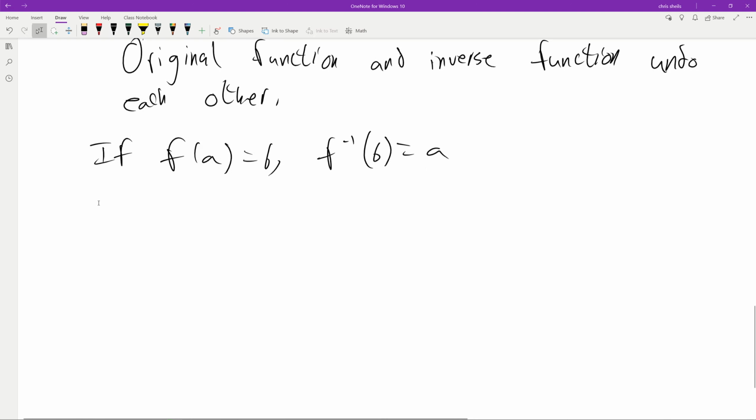Now, if I compose these together in any way, let's say I have f inverse of f of a. Well, if I compose these functions together, I'm going to get my original input as my answer. So f inverse of f of a is equal to a.